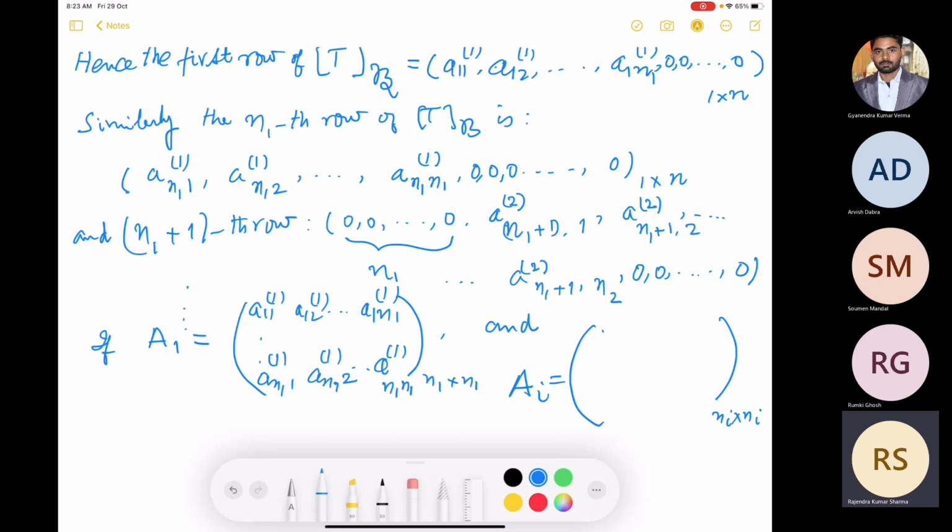So this will be corresponding to i, and it will begin from the i plus 1th column.